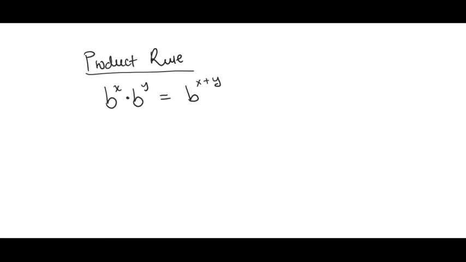Today, we're going to talk about the product rule for logs, which, as you might expect, is like the one for exponents, except inverse. So for logs, if I have the log base b of x plus the log base b of y, that's the same as the log base b of x times y.